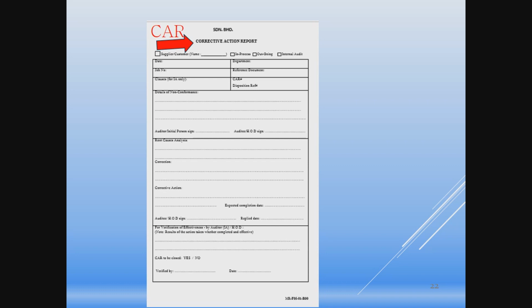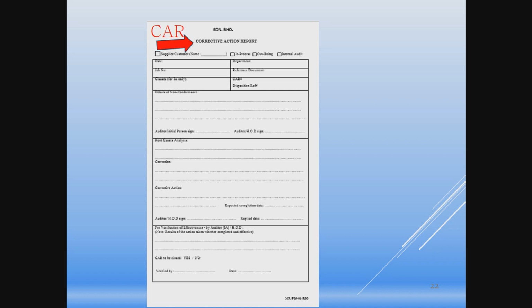So on the CAR you indicate whether it is a customer problem, in-house problem, in-process problem, outgoing inspection problem, internal audit problem, an issue found during internal audit, or a supplier problem. Then you fill in all the requirements.